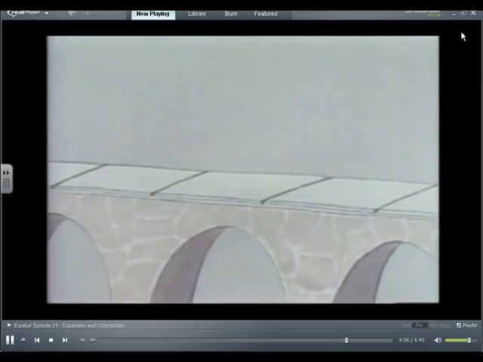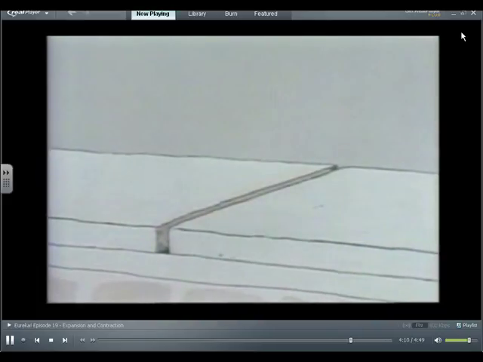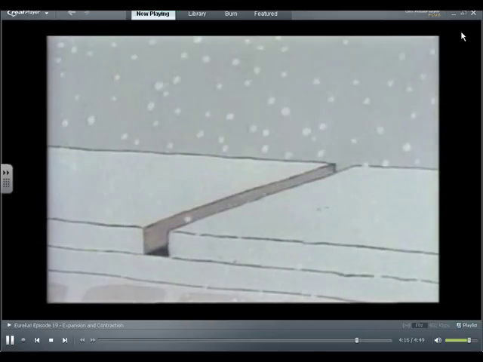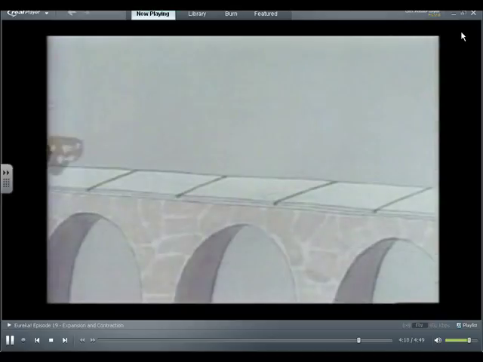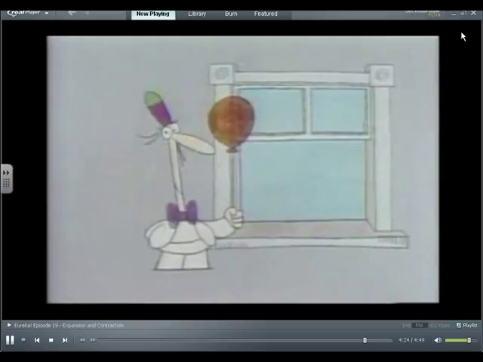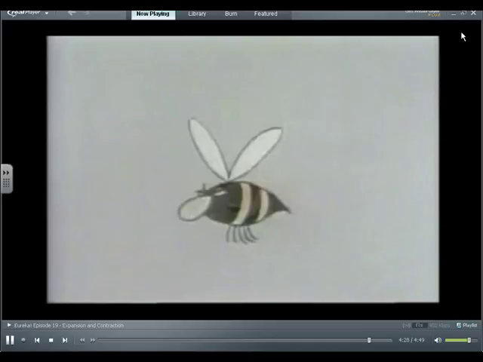It's the wheels running over the spaces that have to be left between the slabs of concrete in the road to allow for expansion in the summer and contraction in the winter. So now you know not only why cars go ka-thump on bridges, but also how to prevent bottles from exploding and balloons from bursting. Or do you?